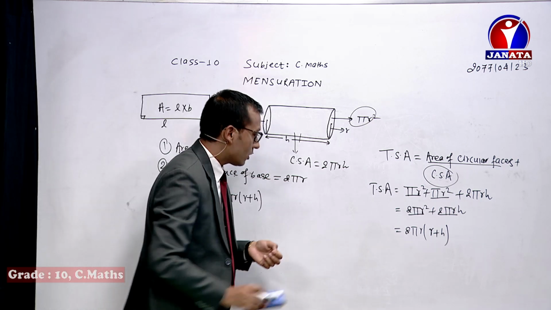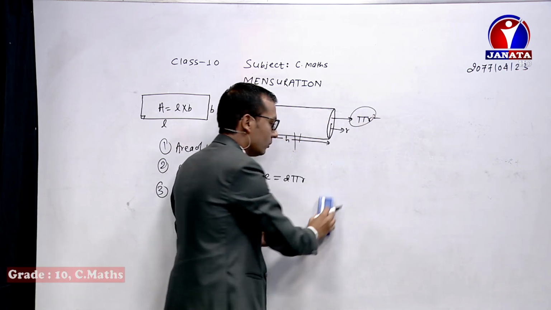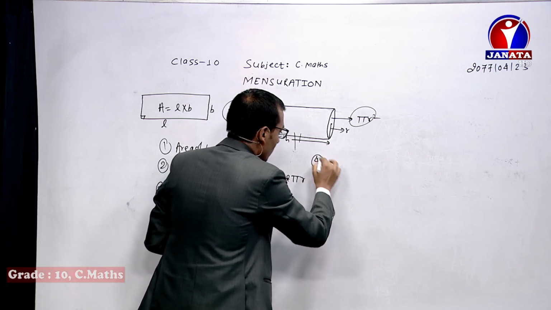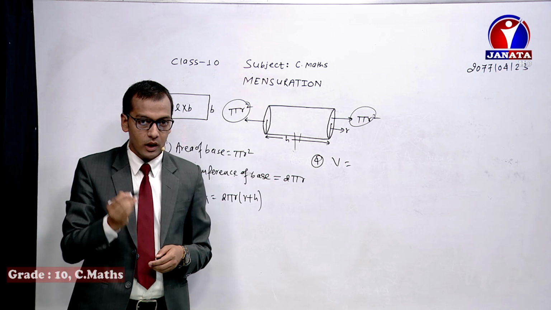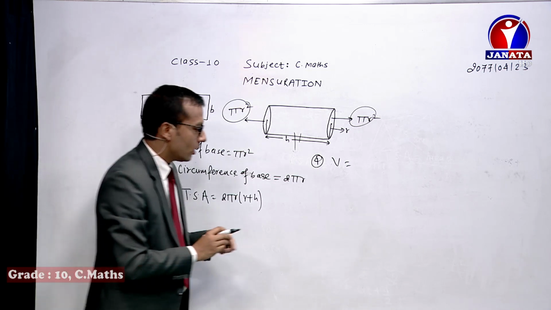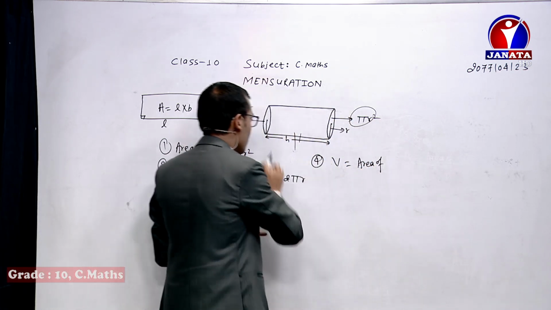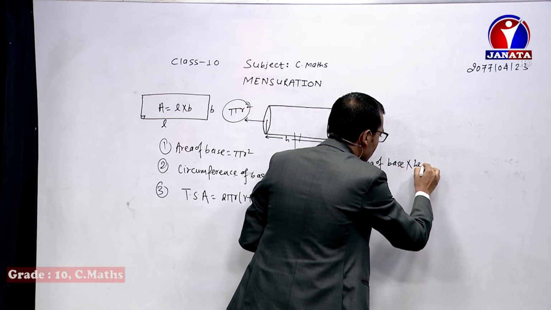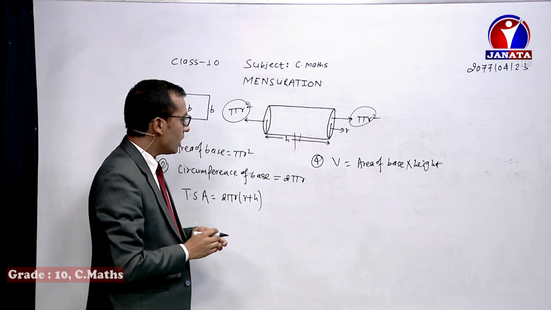Similarly, what is the volume of this solid? In the case of a 3D object, volume is base area times height. This is a circular base, so what is the area of base?